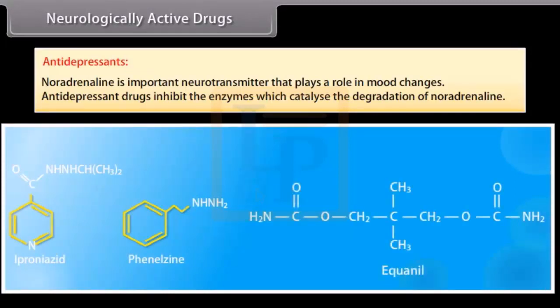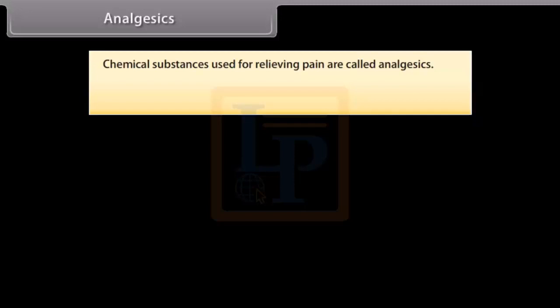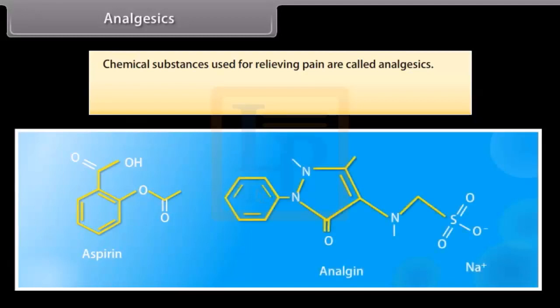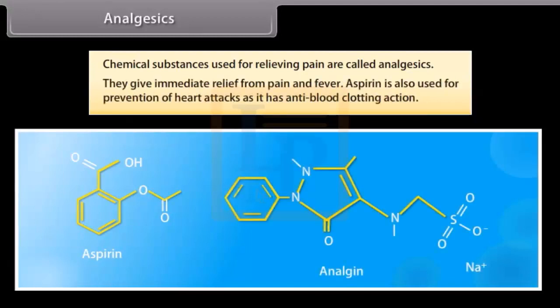Equanil controls depression as well as hypertension. Analgesics. Chemical substances used for relieving pain are called analgesics. For example, aspirin and analgin. They give immediate relief from pain and fever. Aspirin is also used for prevention of heart attacks as it has anti-blood clotting action.